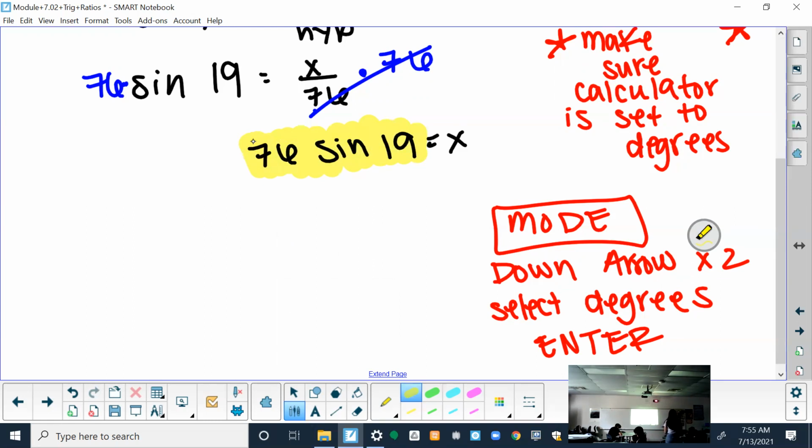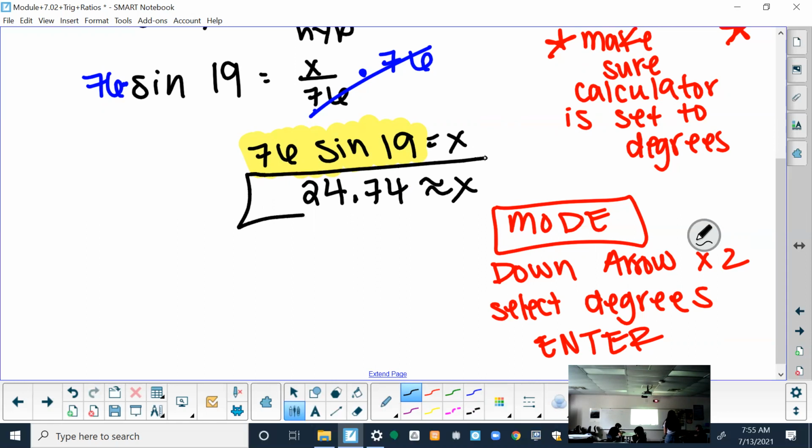If you did it right and your calculator is set to the right degree function, you should have x equal to about 24.74. All right, if you're getting something different, tell me so that I can make sure you have your calculator on the right setting.